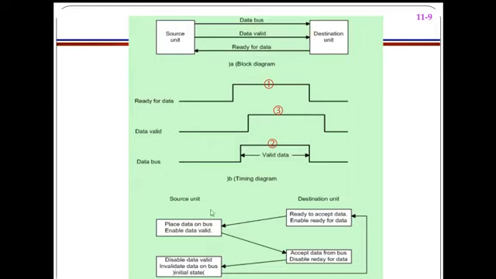Valid data on the data bus will be placed after the ready for data is generated. Once the destination generates the ready for data, the valid data will be placed on the bus and read by the destination. So this is the handshake signal generated by the destination initiated one.